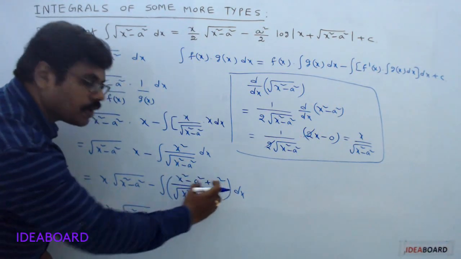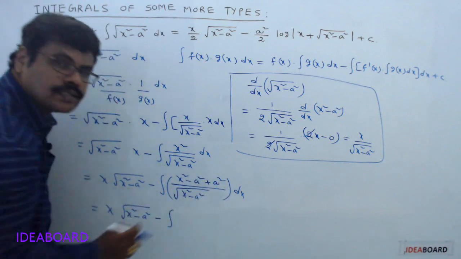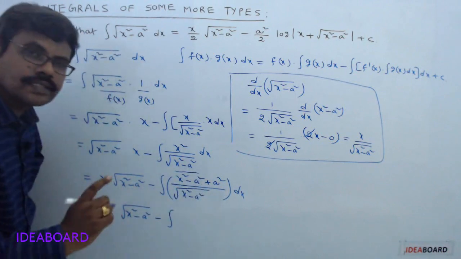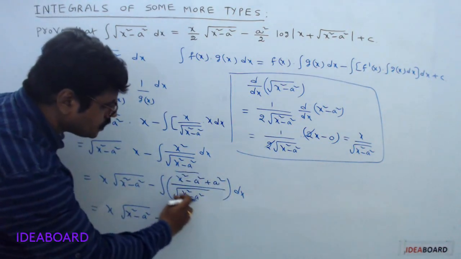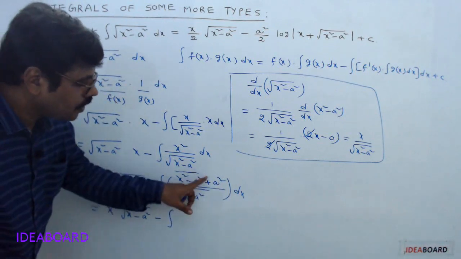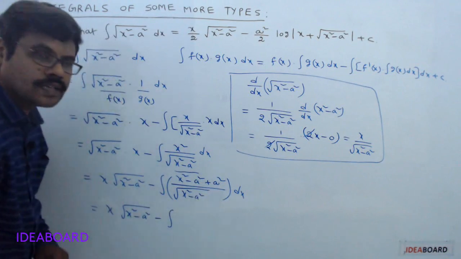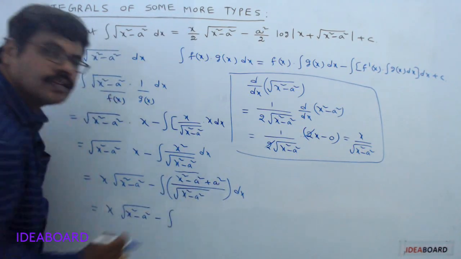It is of the form a plus b divided by c. If you consider x square minus a square as a single term and a square as a different term, this expression is of the form a plus b divided by c. This can be expressed as a divided by c plus b divided by c.